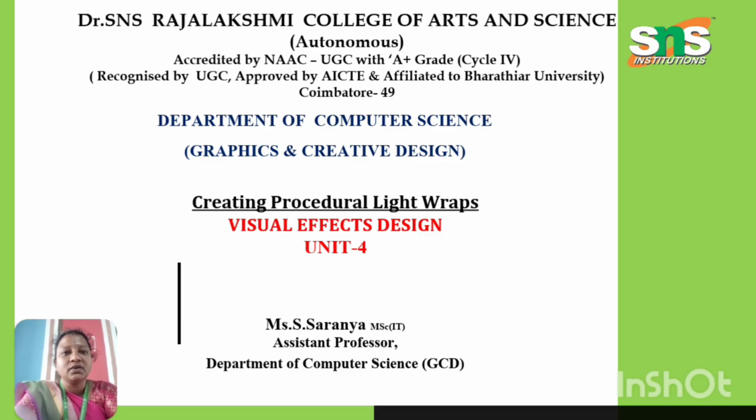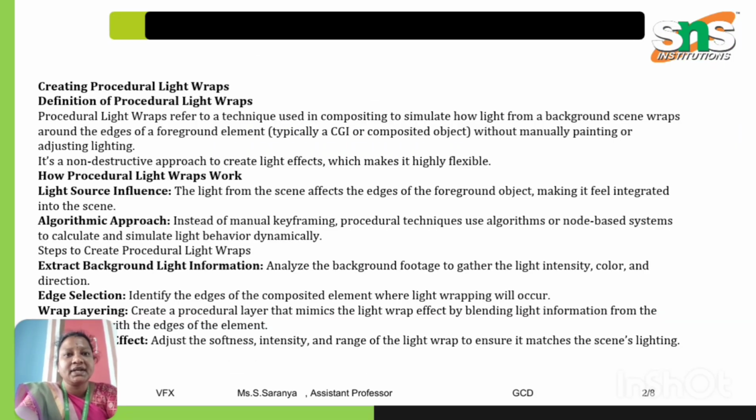In this video, we are going to see about creating procedural light traps in visual effects design. Light trap is a compositing technique used to simulate the light from the background wrapping around the edges of foreground elements.